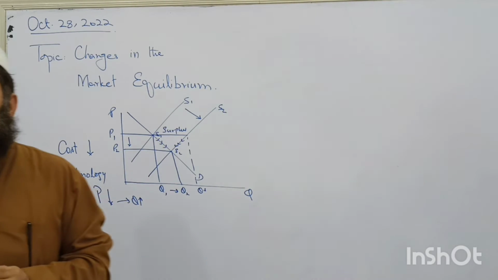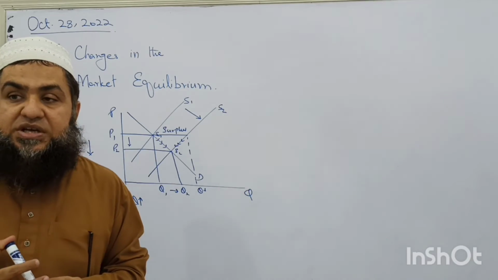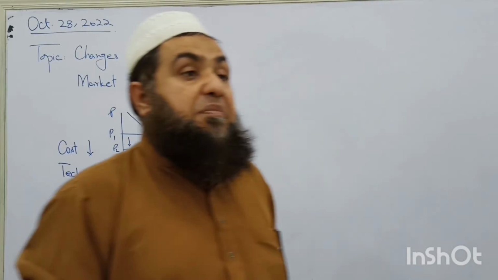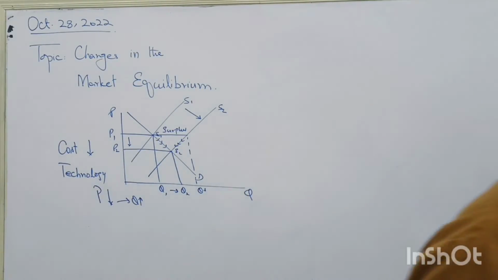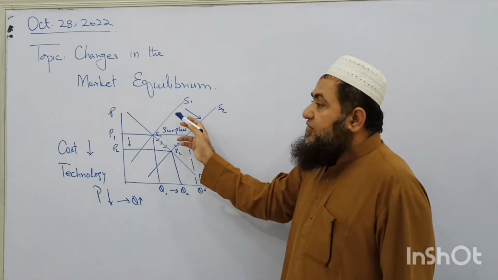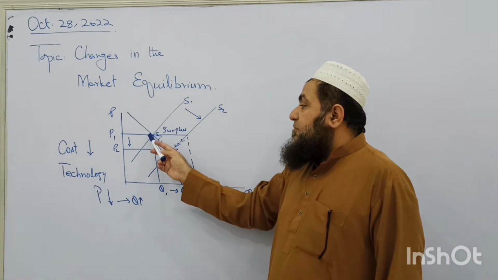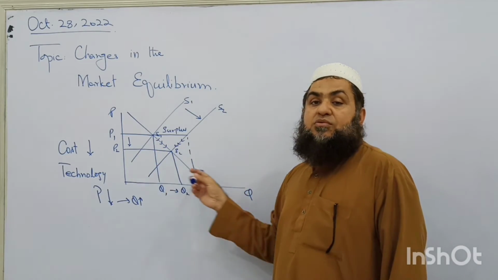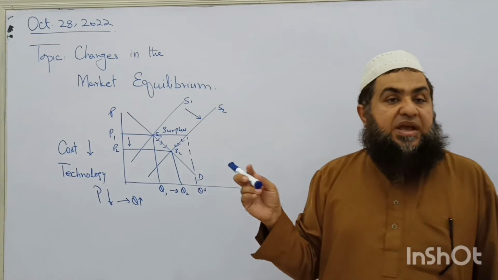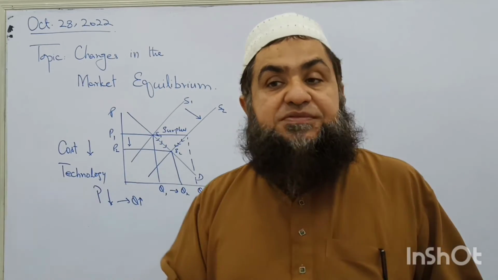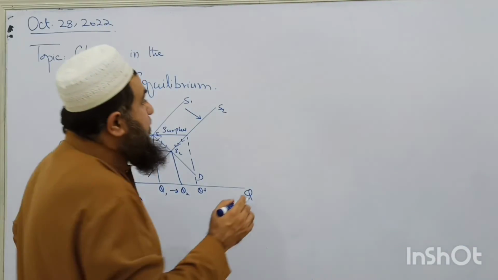It will increase the productivity of factors of production, and when productivity increases, the per unit cost of production will decrease again and supply will shift rightward. So any factor which is causing a rightward shift of the supply curve, in that case the equilibrium price will fall and the equilibrium quantity will increase. And if supply shifts leftward or upward, what happens?